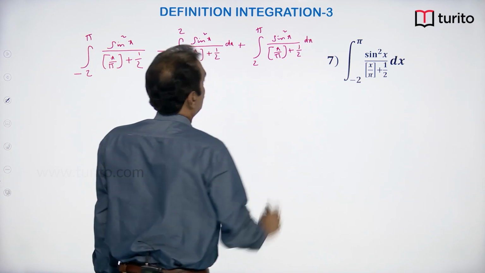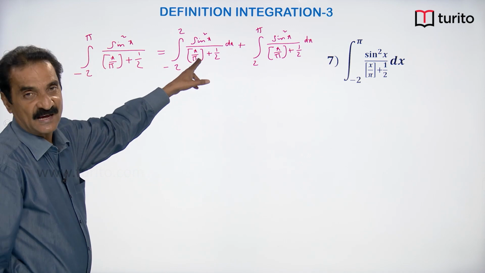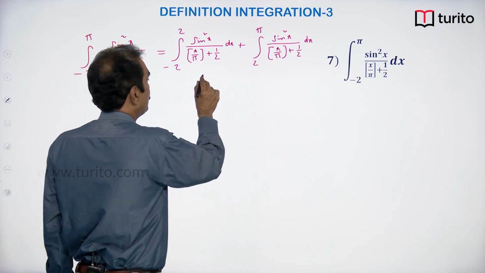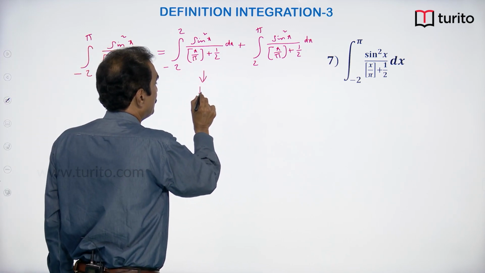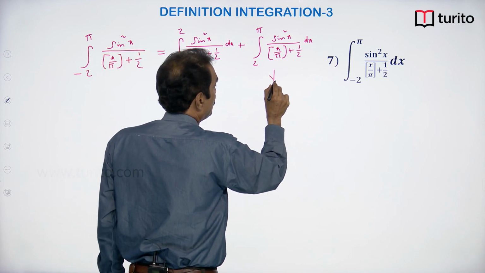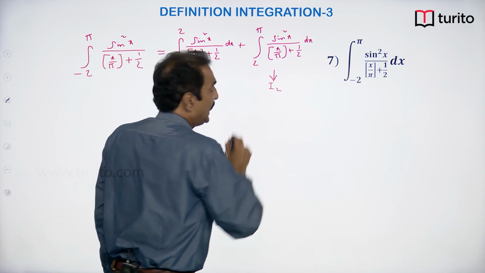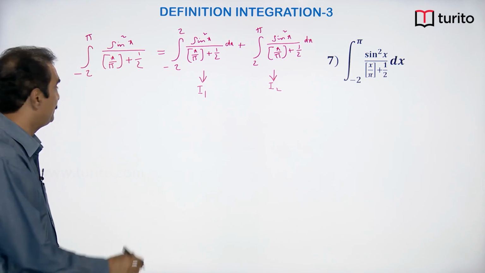Okay. Now call this as I1, this as I2. I will calculate I1 and I2 separately.